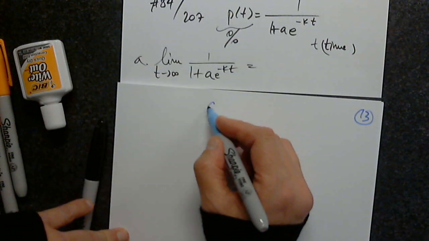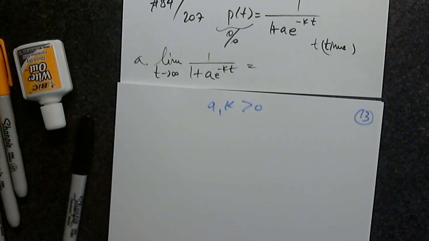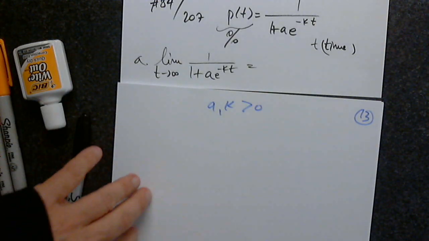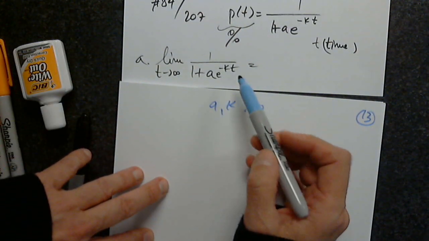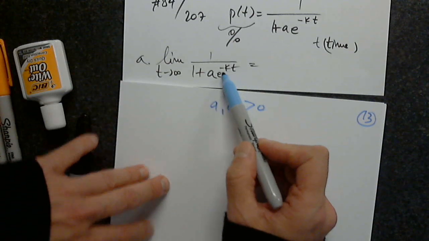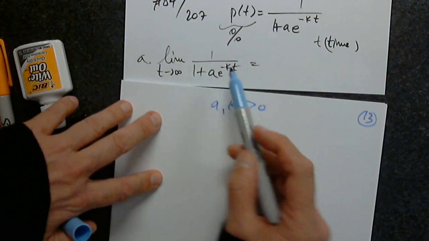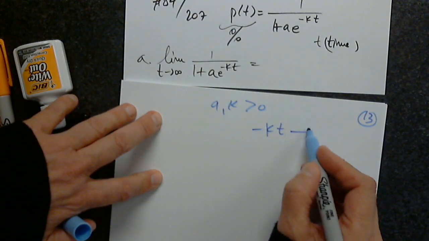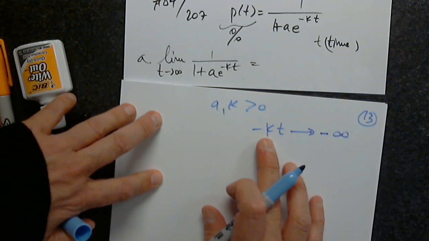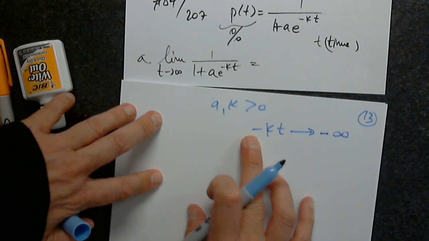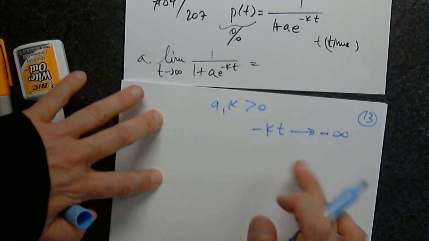We are told that a and k are positive constants. Let's make sure it says a and k are positive constants, because it has a huge impact on the answer, especially k. So as t approaches infinity, negative kt will approach negative infinity, because k is a positive constant. T approaches infinity with minus in front, approaches negative infinity.